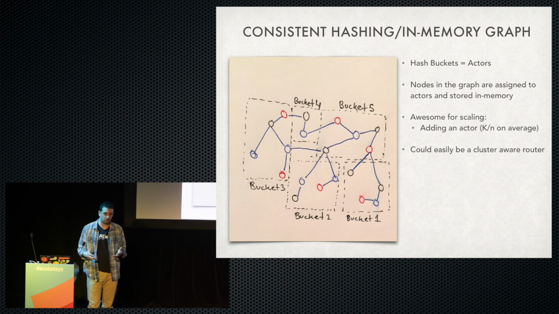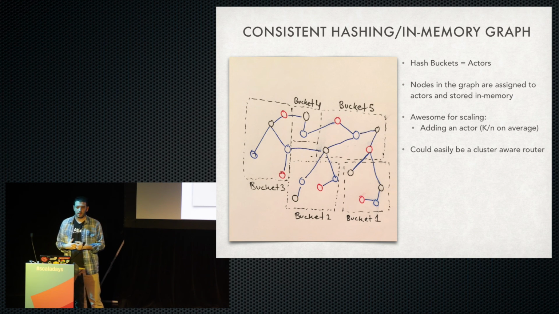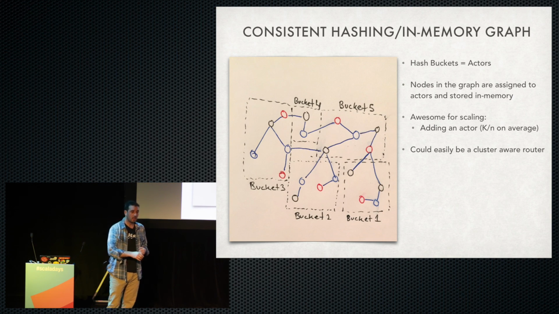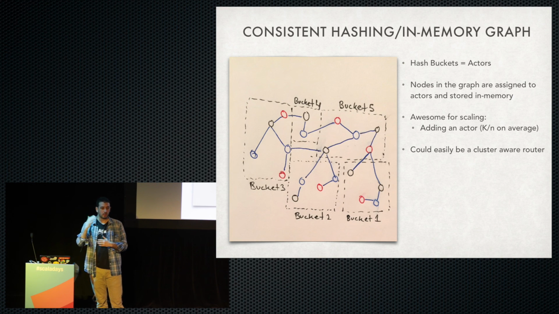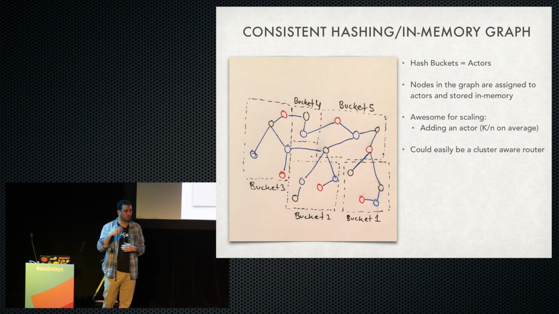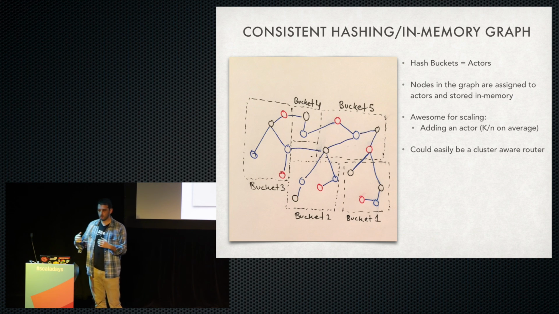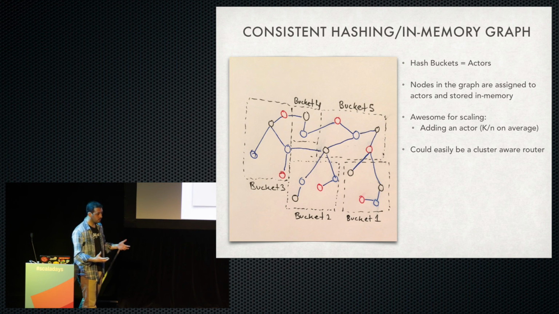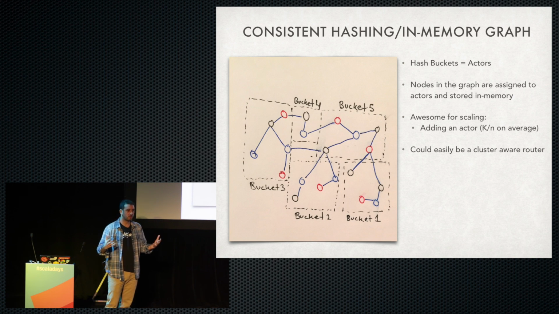And what's nice about consistent hashing is it basically says, if you add more actors or more buckets or places where I can place this data, I'm not going to have to move every single key in the hash table. I'm only going to have to move k over n, which is essentially the number of keys versus the number of servers, and that's on average.